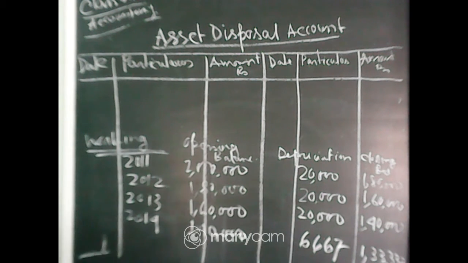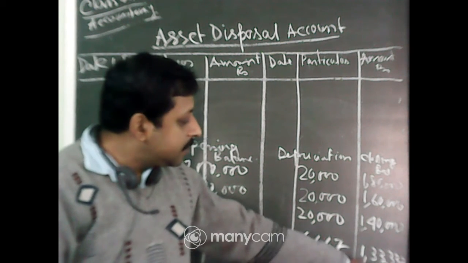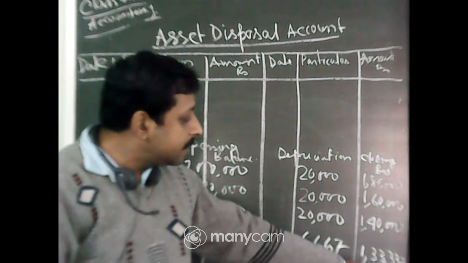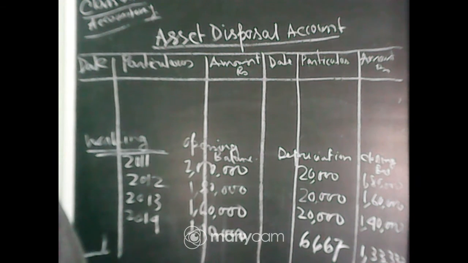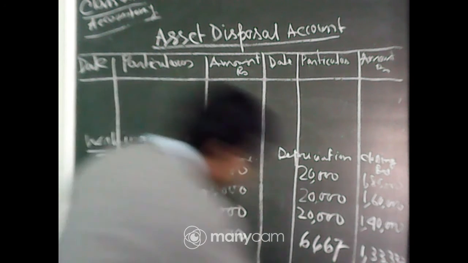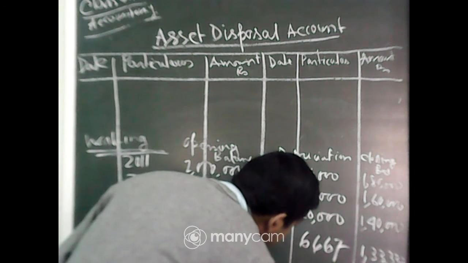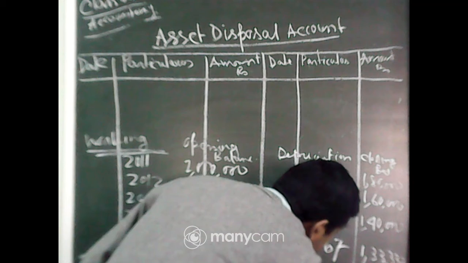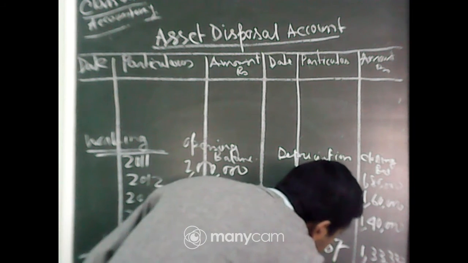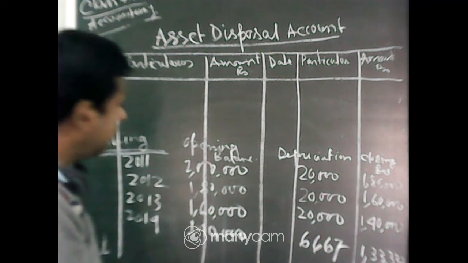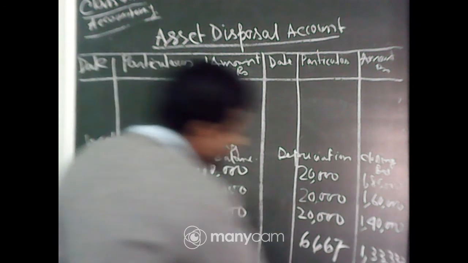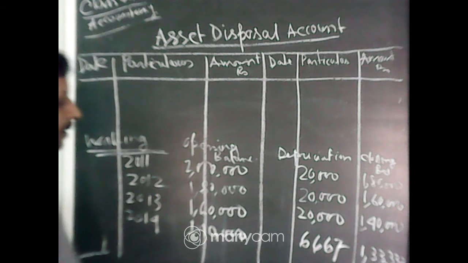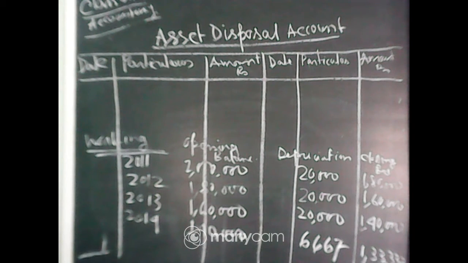So that is the book value. Now from this 1,33,333, we have to deduct the sale value, that is 75,000. So the machine value in that year, 2014 up to April, is 1,33,333, but we actually sell the machine at the price of 75,000.